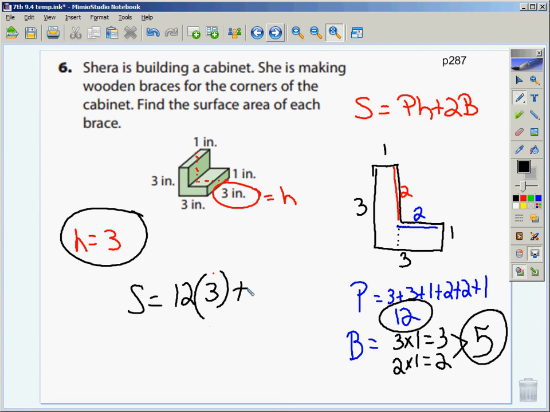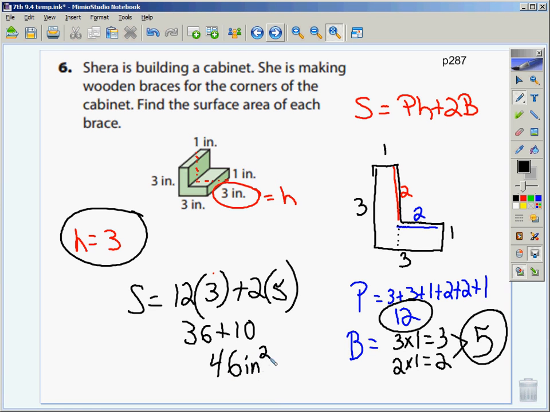Plus 2 times what? 2 times 5. 12 times 3? 36. 2 times 5? 10. 46 what?